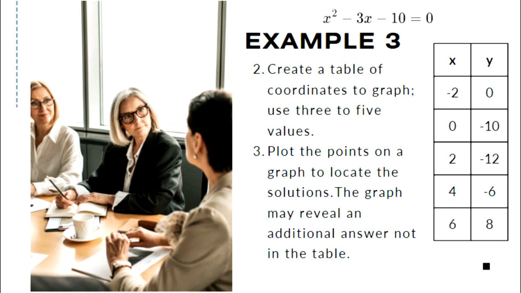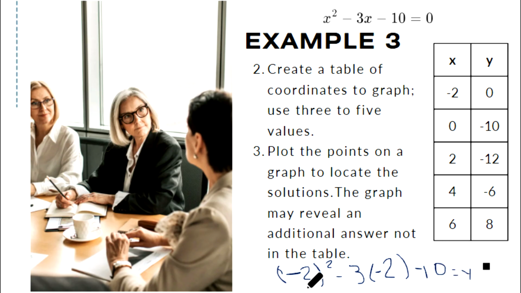Okay. Next, you're going to create a table of coordinates to graph. Use 3 to 5 values. They use negative 2, 0, 2, 4, and 6. To find this value, you would take your new formula. You would go negative 2 squared minus 3 times negative 2 minus 10 equals y.